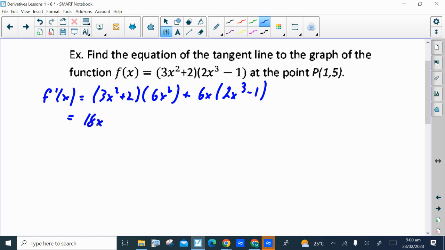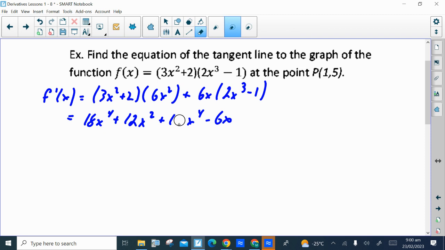So this will give us 18x to the fourth plus 12x squared plus 18x to the fourth minus 6x. I'm sorry, not 18x to the fourth, 12. 6 times 2 is 12.